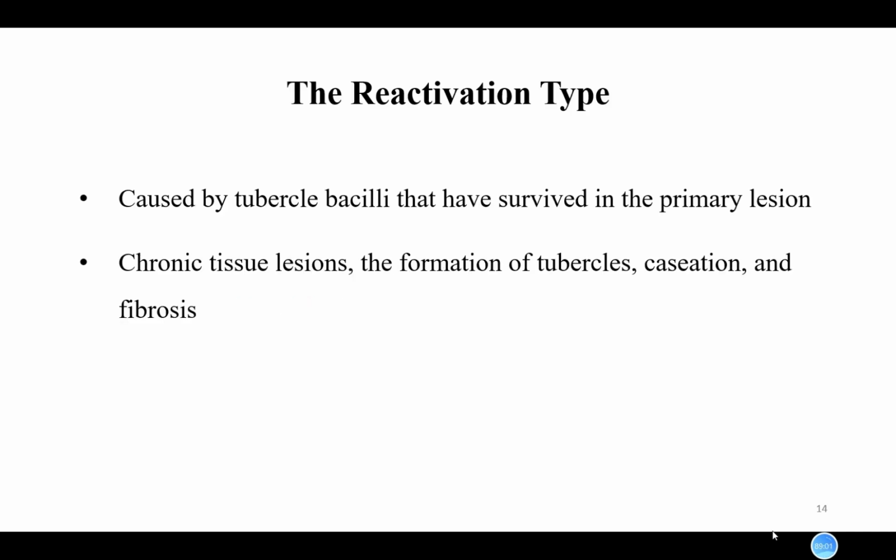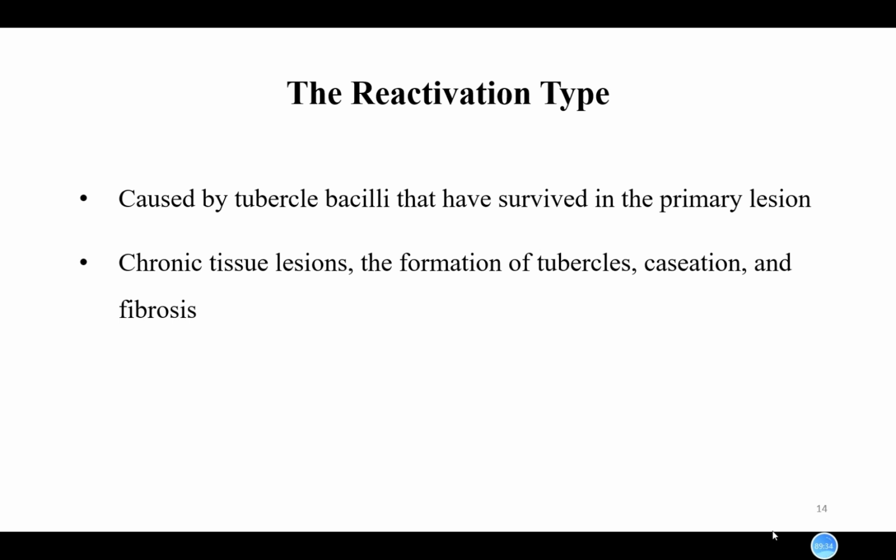The second type of infection is the reactivation infection, which is an endogenous infection caused by the tubercle bacilli which survived after the primary infection. They survived in the primary lesion, and this reactivation infection can cause chronic tissue damage and the formation of tubercles, caseation, and fibrosis in the lung.